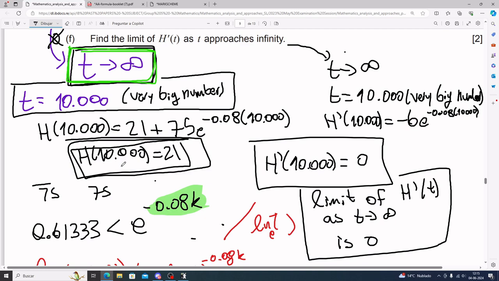And so it makes sense that even the slope ends up being 0 with a t that is very big, because, surprise, your slope isn't changing. Surprise, you reached room temperature and you're not going to change from there. So that is why plugging in a very big value for t in this context gives you a slope equal to 0, because you already reached the room temperature. You're not going to move from there.